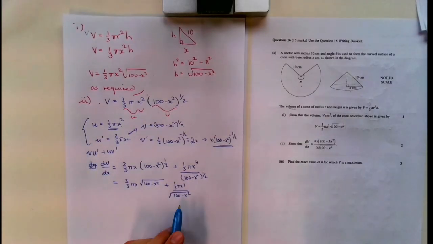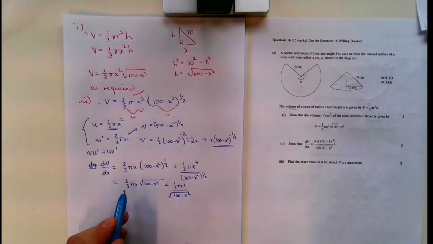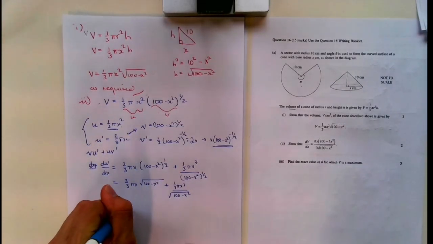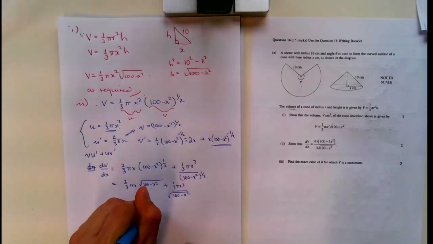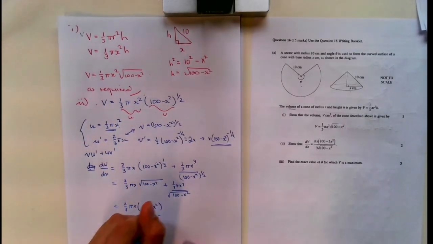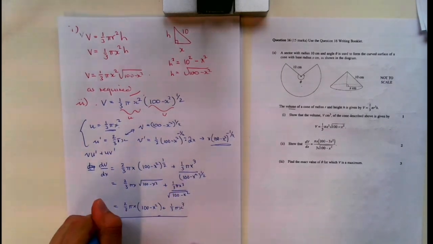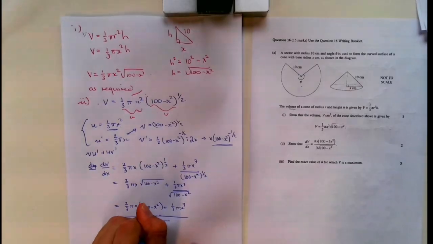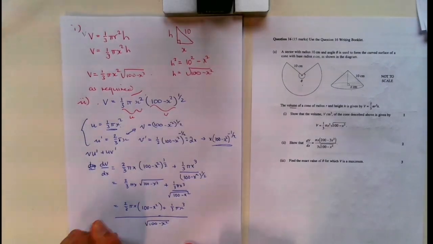Okay, so I'm going to multiply both the top and the bottom here by the square root of 100 minus x squared. That's basically just going to cancel the square root, so you can just say 100 minus x squared. And I'm bringing these together as one common fraction. The next step here is I'm just going to factor out the top.